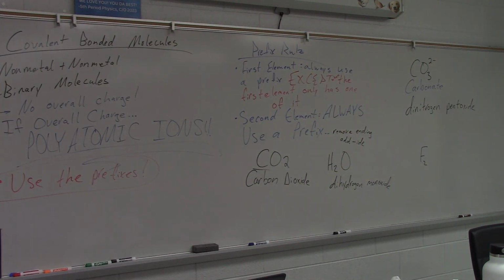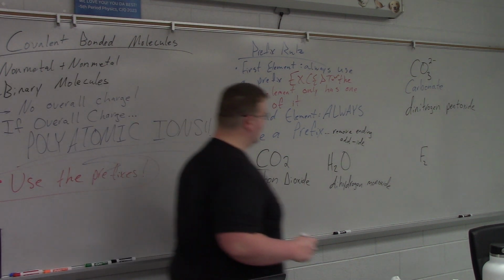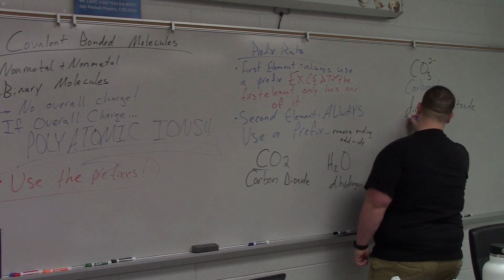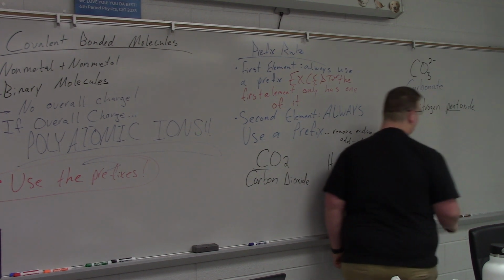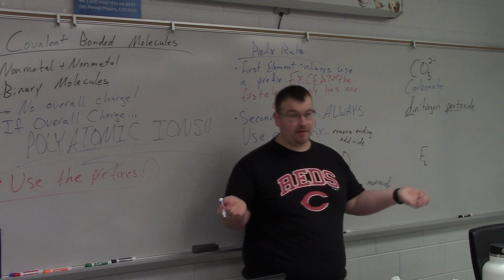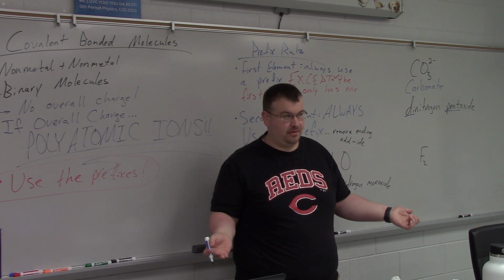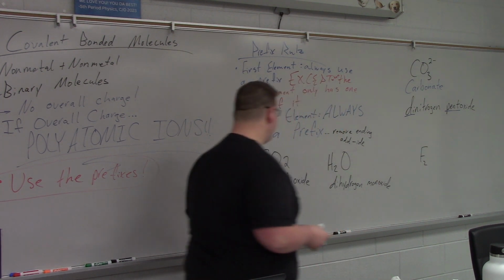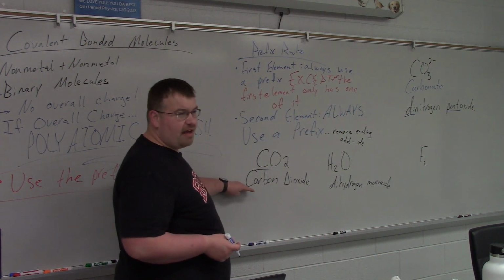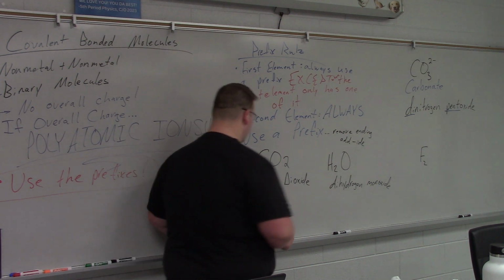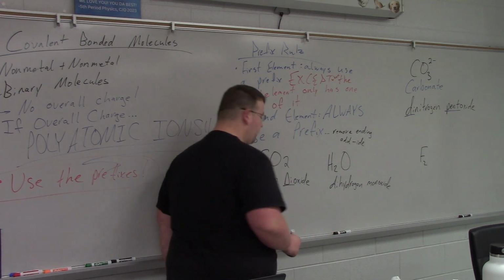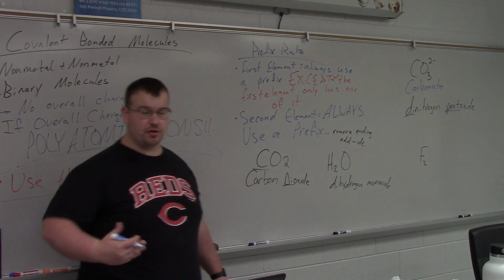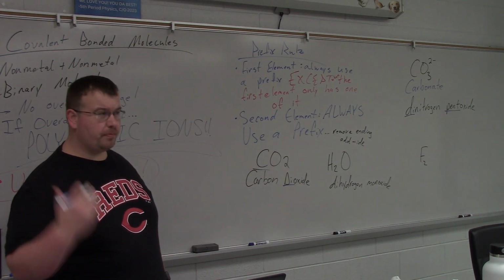Look at this, dinitrogen pentoxide. You see the prefixes. I literally have it spelled out for you. Even if the first one does not have a prefix, you say carbon dioxide. That tells you to follow the prefixes.